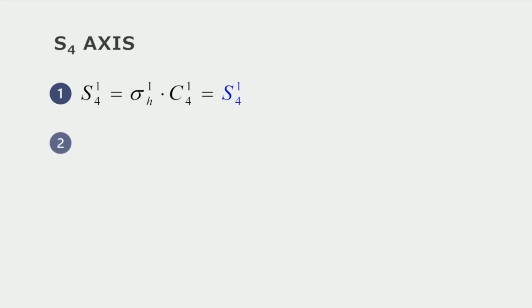For the second operation, S4 to the power 2, which is equal to sigma h square into C4 square. But sigma h square is identity and C4 square can be written as C2 to the power 1. So that is equal to C2. That is, carrying out an S4 operation in succession has the effect of a single C2 operation about the same axis. Therefore, we can say that S4 is collinear with a C2 axis.